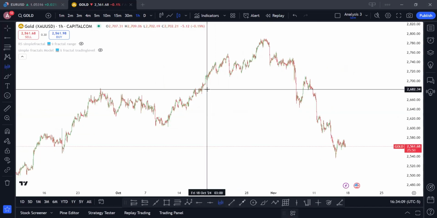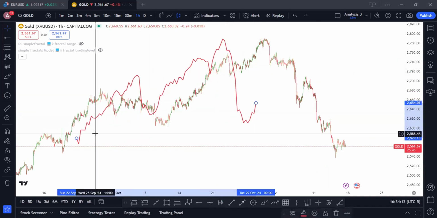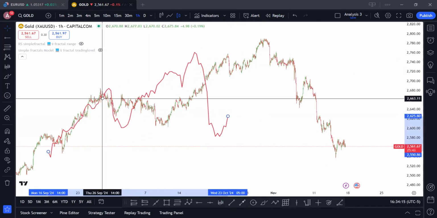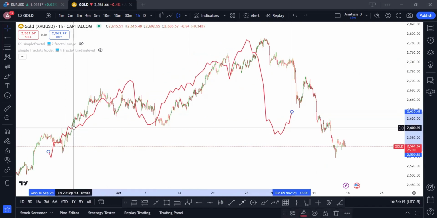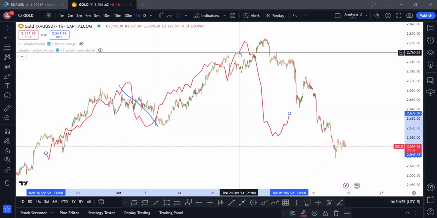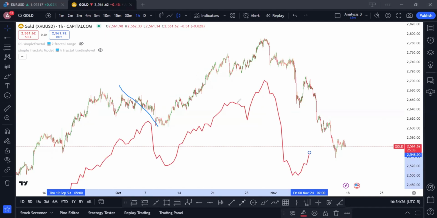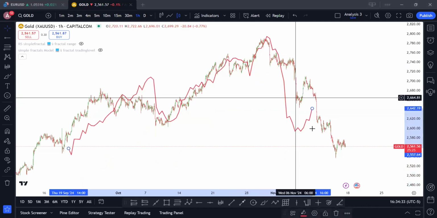Because of this fractal right here. If we scale it on the chart in this way, as you can see right here, this pullback was covered and we have this particular shape at the end of our fractal. This one, that's why the price goes on a strong downtrend in this way.